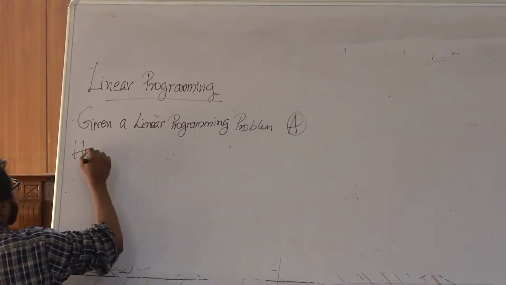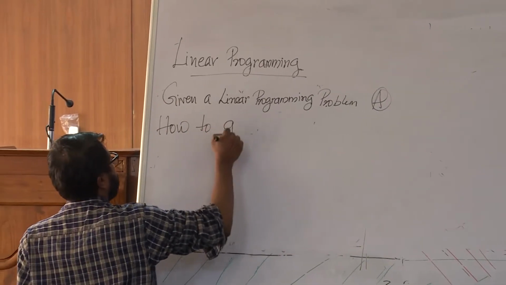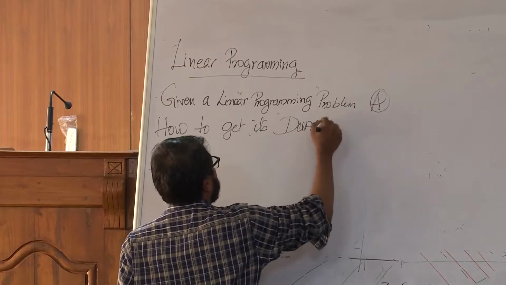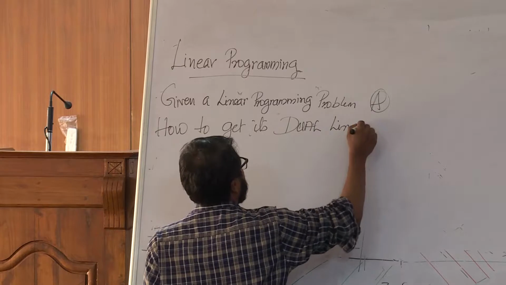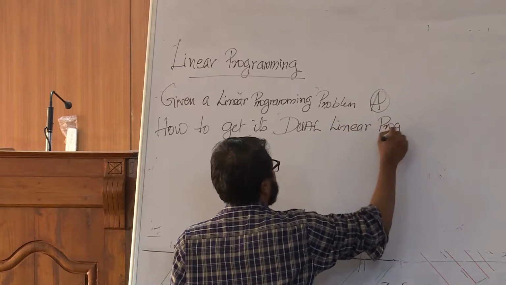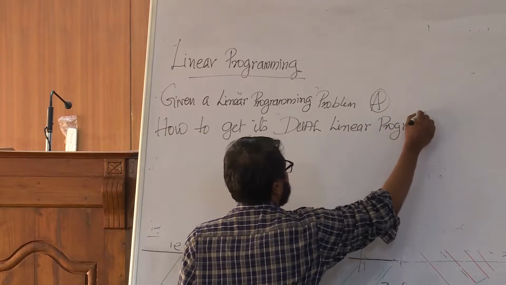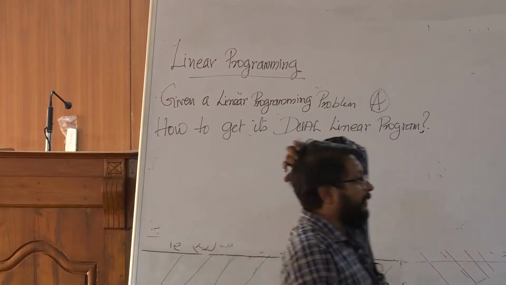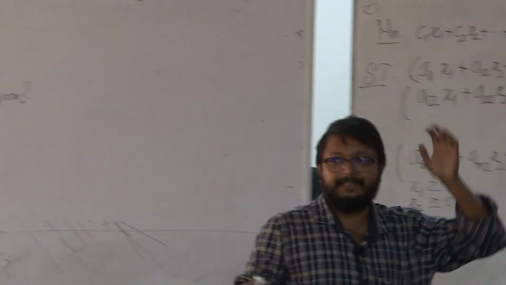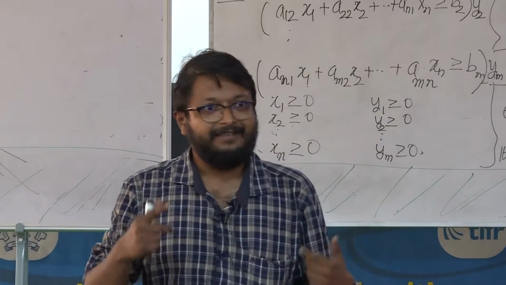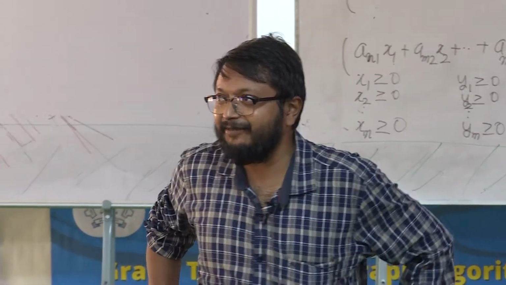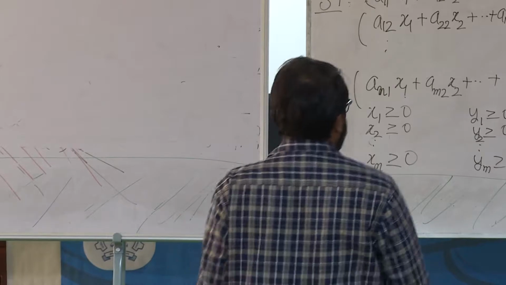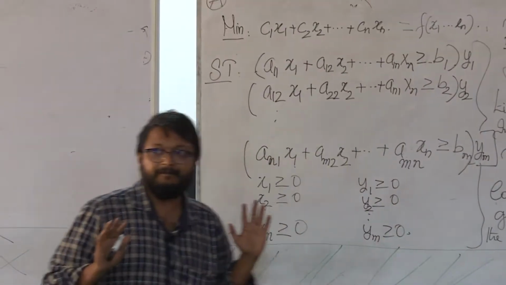How to get its dual linear program? This is a very mechanical procedure. And instead of stating the dual and then saying that this is the dual, I am trying to derive the dual here and see how that formulation comes. So, right now just follow what I am trying to do.